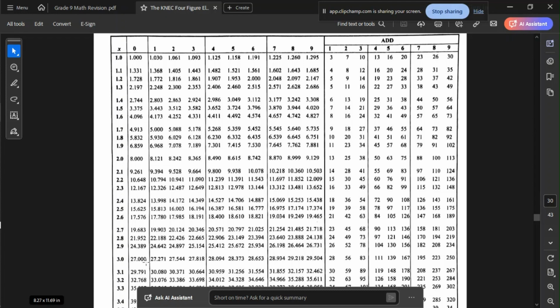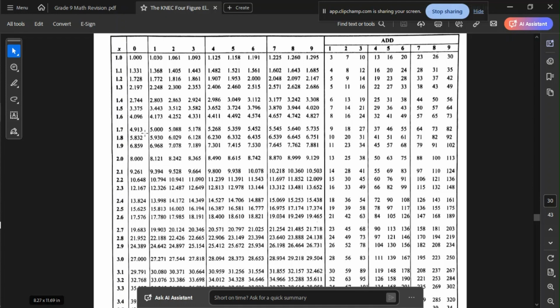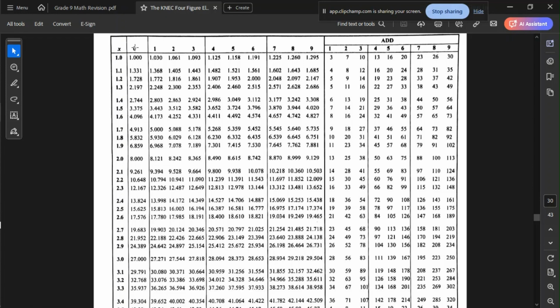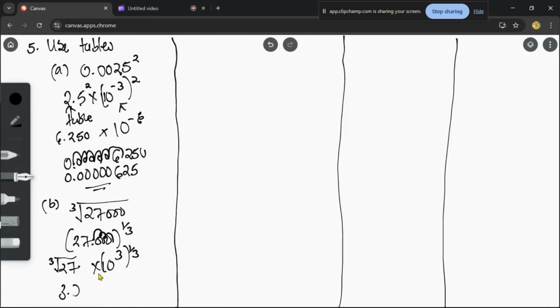I pick 27, it lies in 3.0. The number here is 0. So the cube root of this one is 3.0. Then I multiply by 10 to the power 3 times a third.